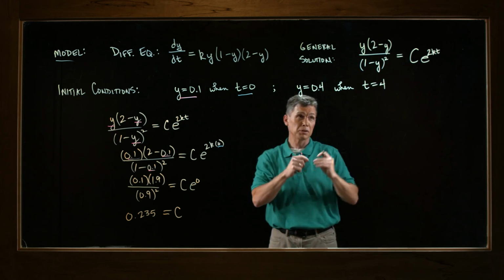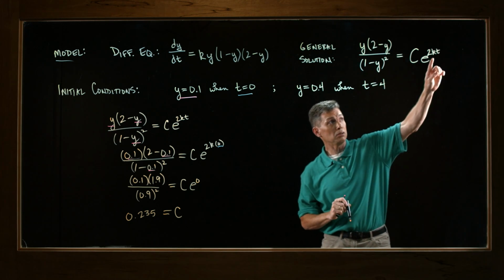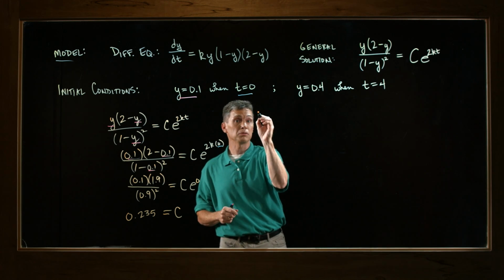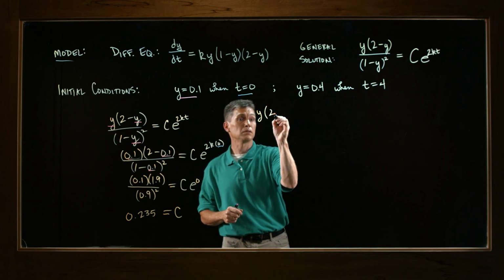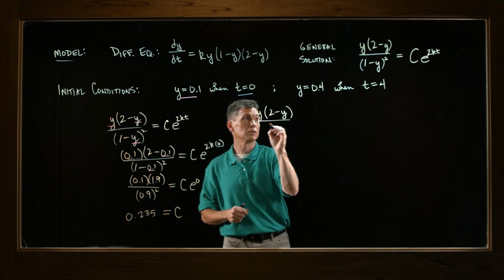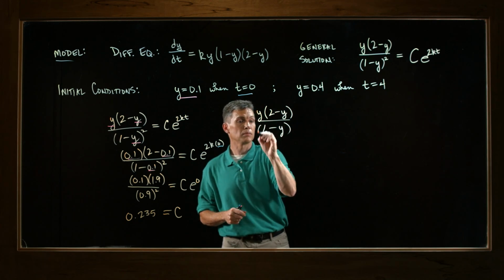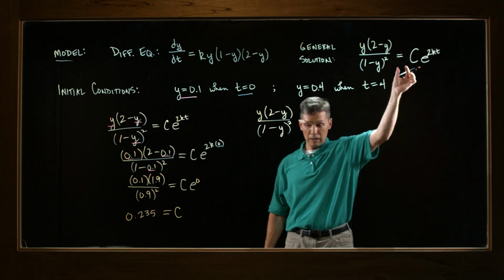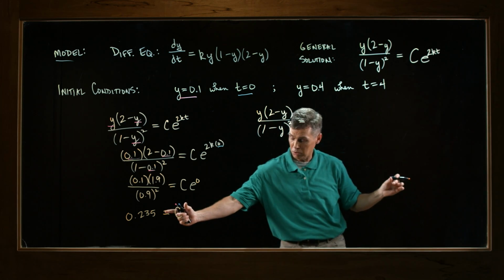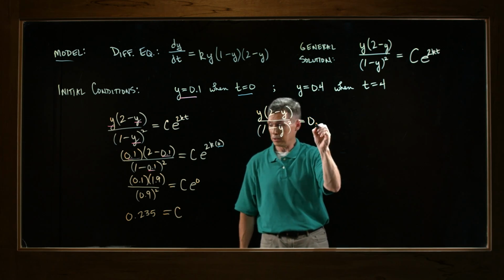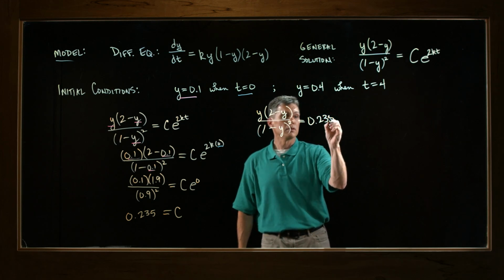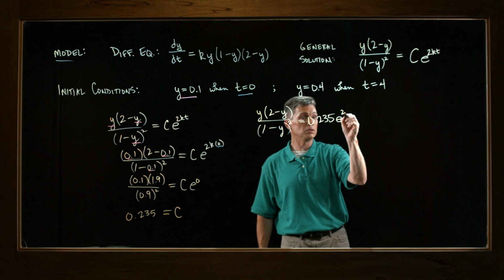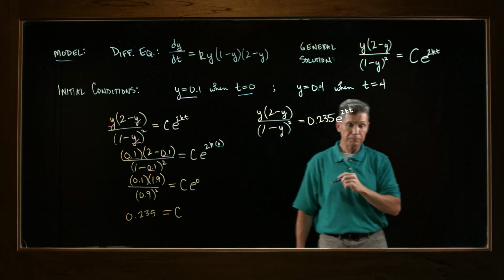I'll use my second initial condition to get that second unknown of k. So let me come back up here and start with my general solution again. This time, though, the c we just found is 0.235. Let's put that in here, and then pick back up with the rest of it, which is e raised to the 2kt power.